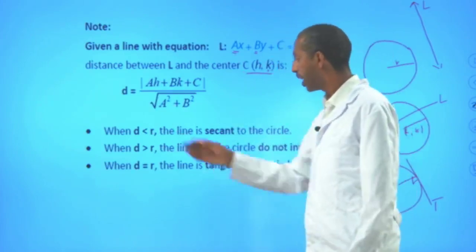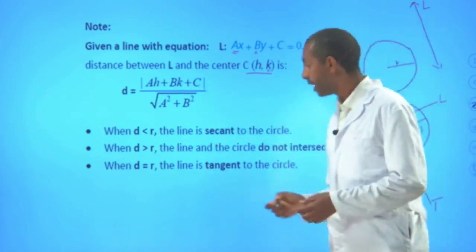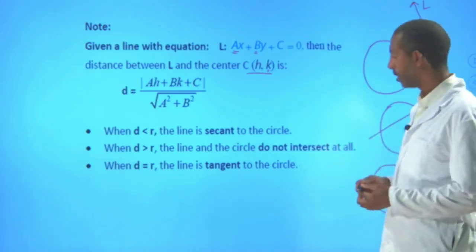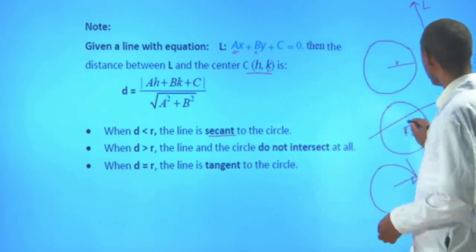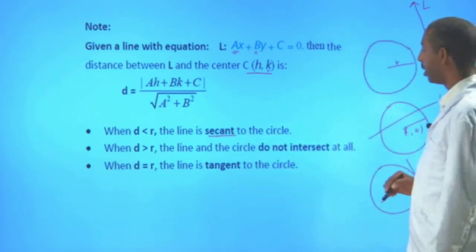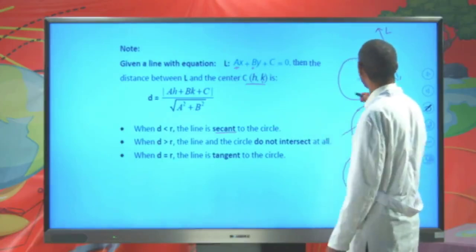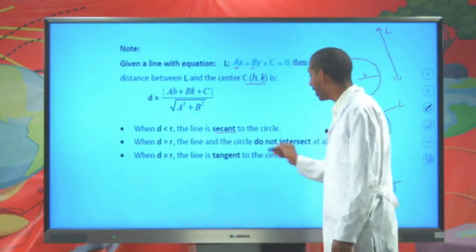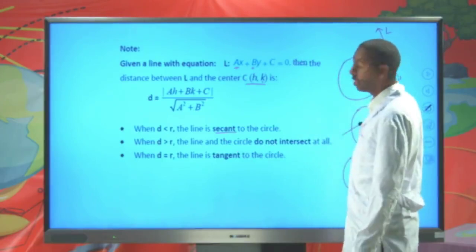So again, we have 3 different relationships in this case. Your distance, or D, may be less than the radius. In that case, we have the secant line, which is this one. And again, if our distance D is greater than the radius, in such case, the line and the circle do not intersect at all.